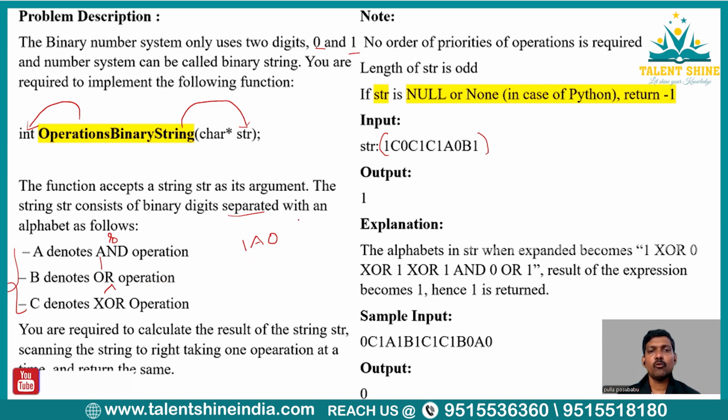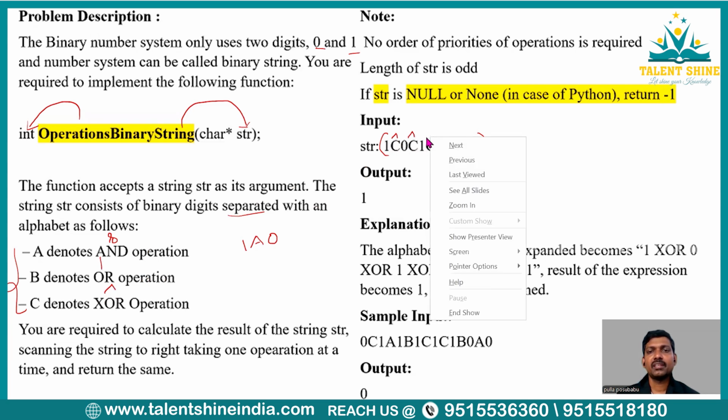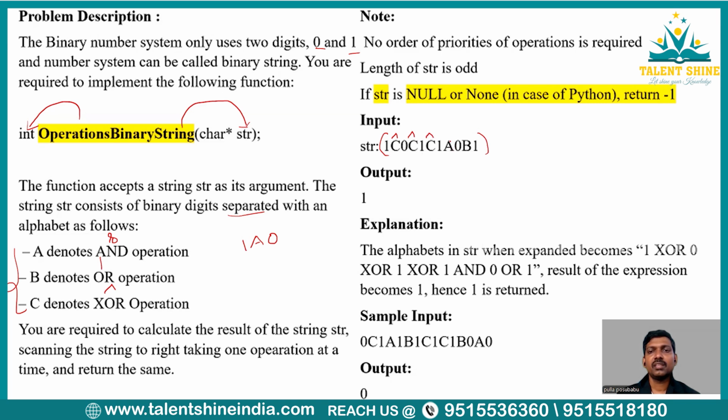Now you can see one of the examples given. Here the binary digits are separated with one of the alphabets, and here capital C is given. What is meant by capital C? You have to perform the XOR operation, so you write XOR here, XOR here, and XOR here, and here the AND operation, and here the bitwise OR operation.